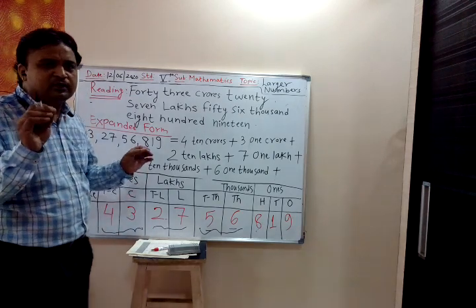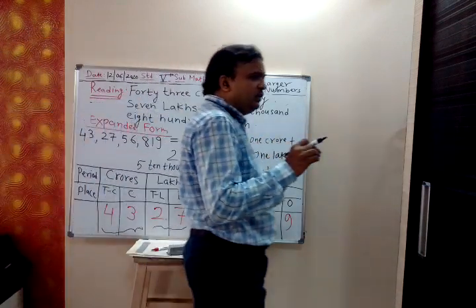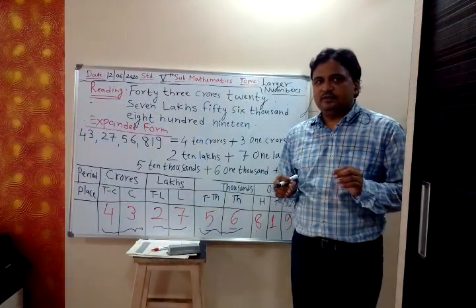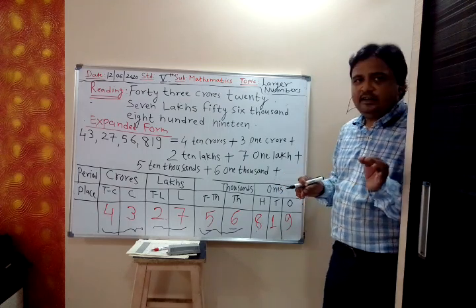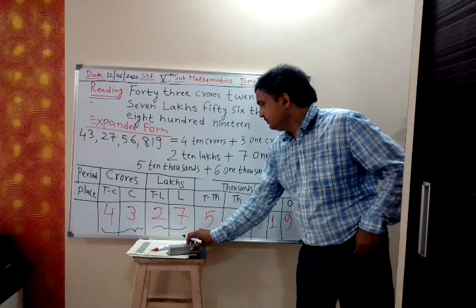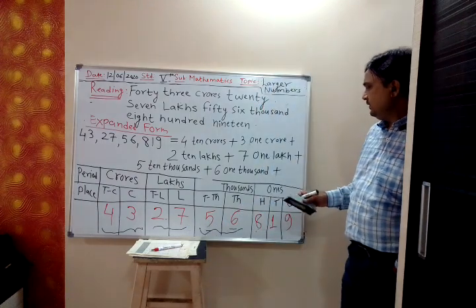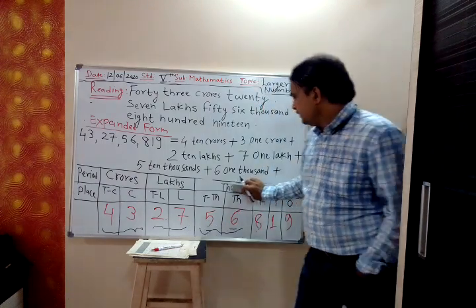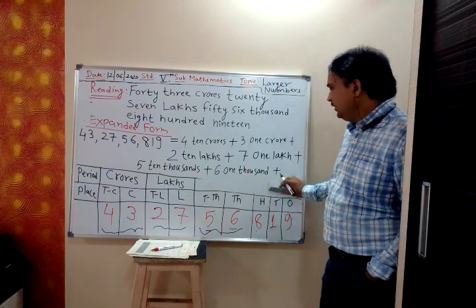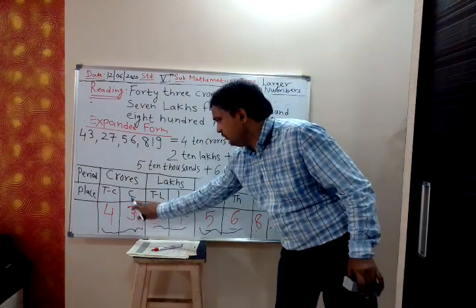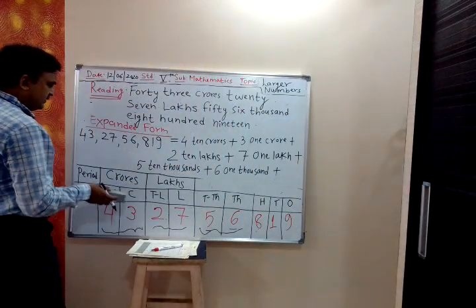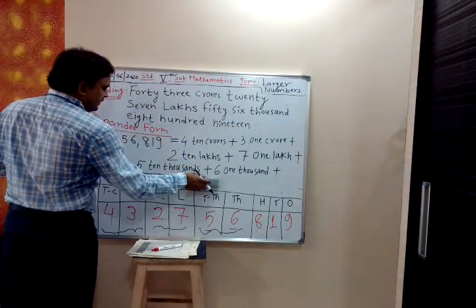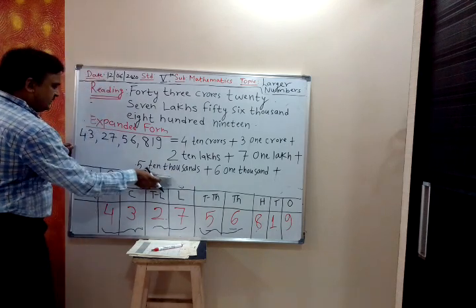Crore is same as 1 crore, so 3 one crore.